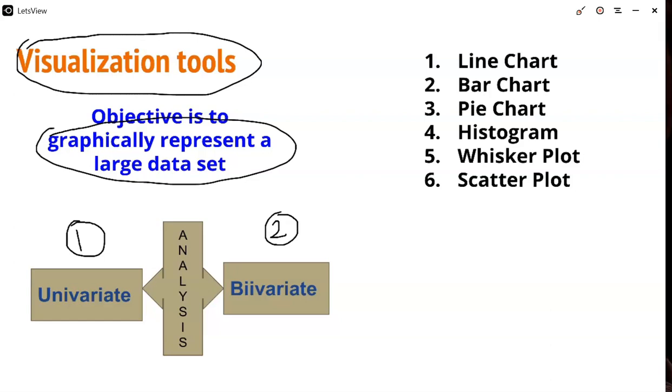Univariate tools are used to analyze a single variable, whereas bivariate tools are used to study the relationship between two variables. That's why it is called bivariate, whereas univariate is for a single variable.